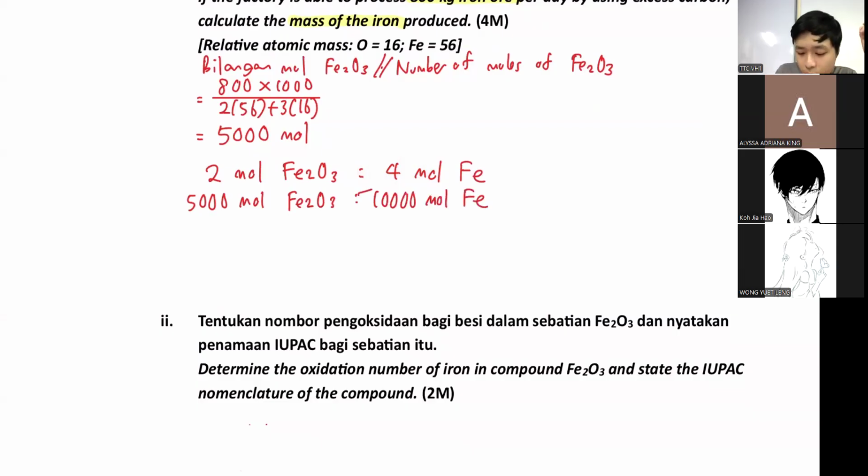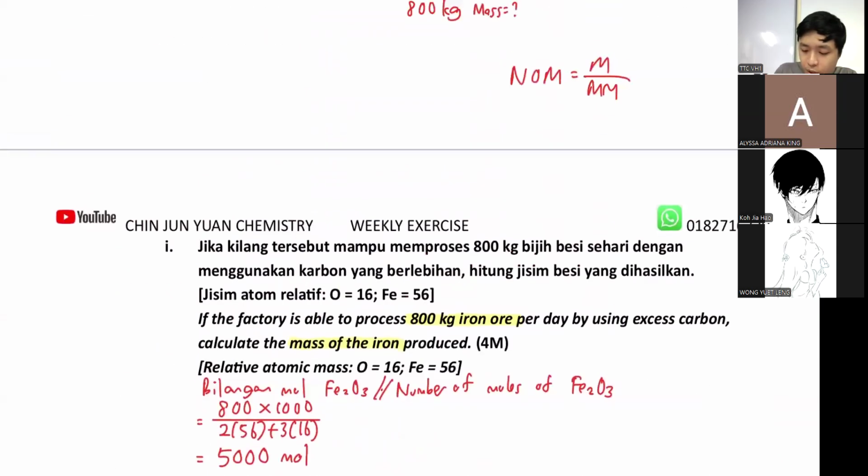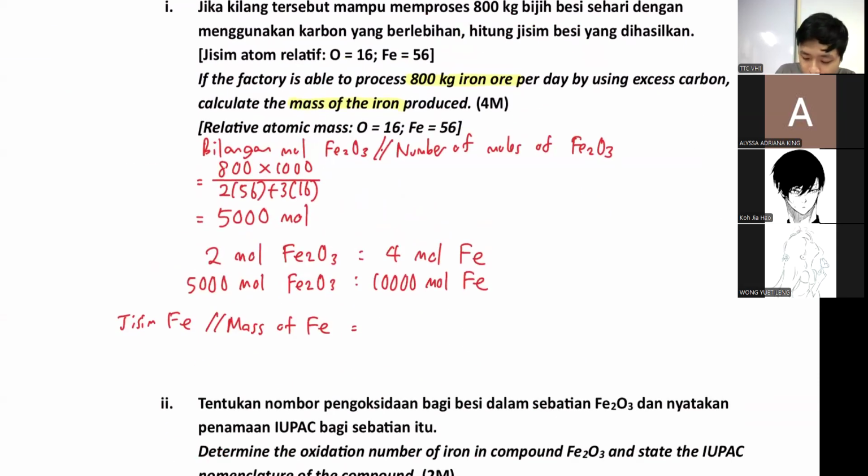And then you use the third step to find the mass. The mass of Fe, if you want to find mass, you use number of mole multiply molar mass. So number of mole is 10,000. Molar mass of Fe is 56. So I think you will get 560,000 gram. Am I right?